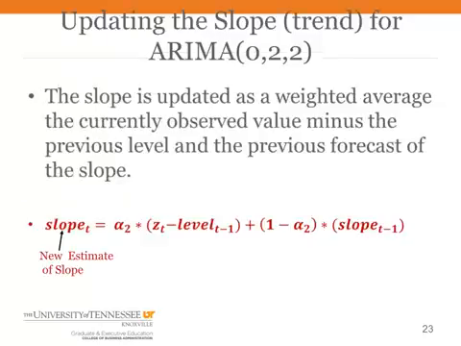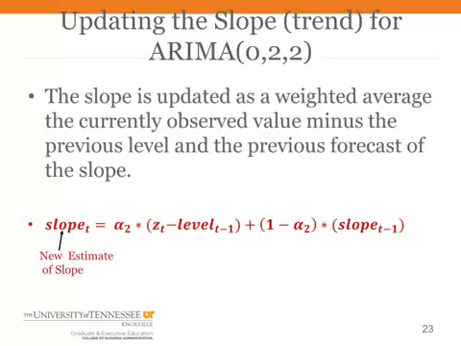And you update the slope in each time period as a weighted average between the old slope and the best guess of the slope that you just observed. The slope that you just observed will be estimated as the current value of the process minus the estimated level of the process from the previous time period.